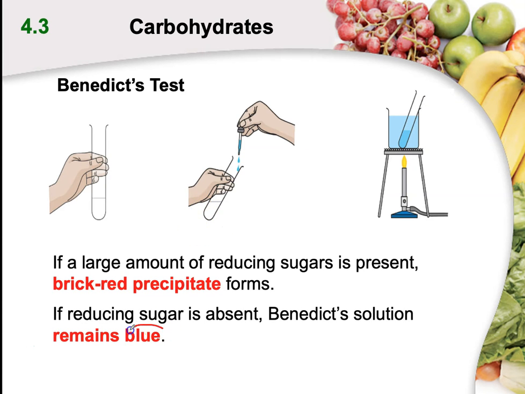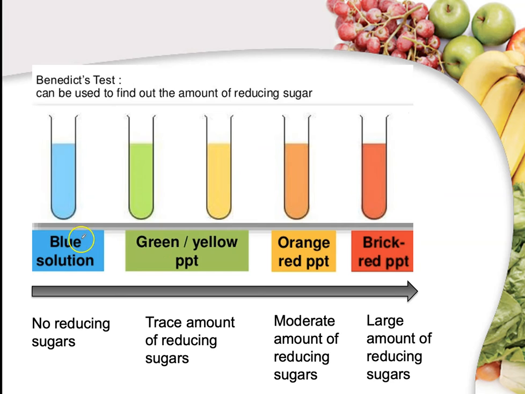One, if the Benedict's solution remains blue, that means reducing sugar is not present. If by any chance there is a change in color, that means reducing sugar, which is a type of carbohydrate, is present. We also saw the different range of colors, so blue indicates that reducing sugar is absent, and any color change indicates that reducing sugar is present.